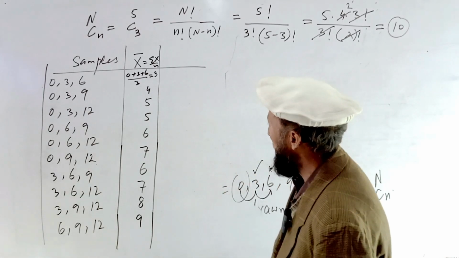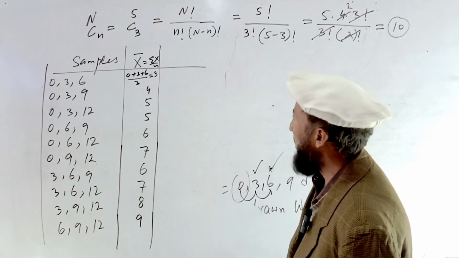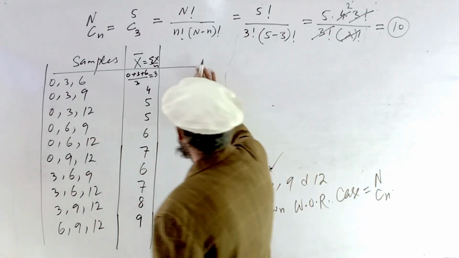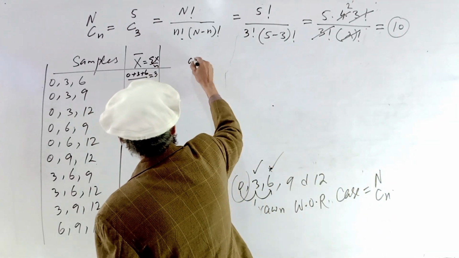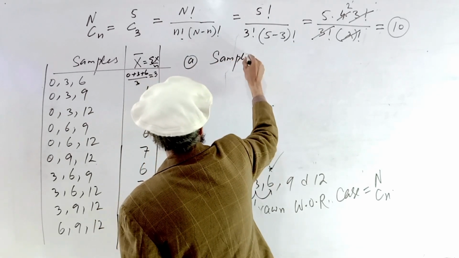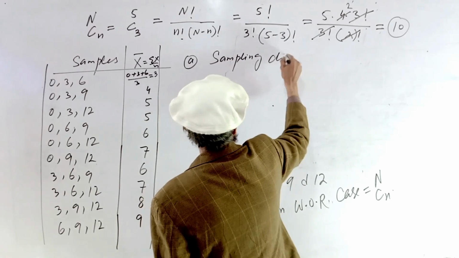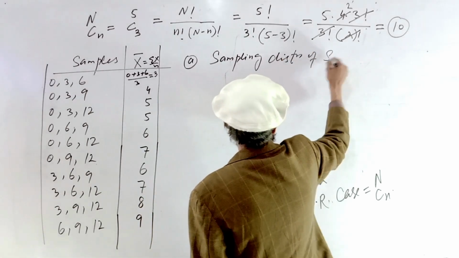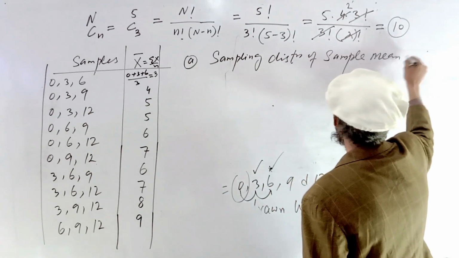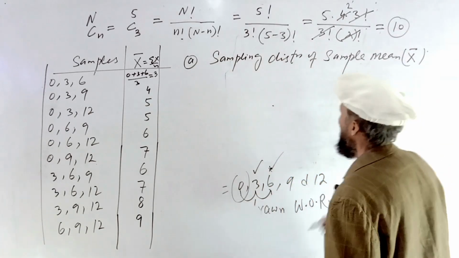These are the sample means; now we need the sampling distribution of the sample mean X bar.